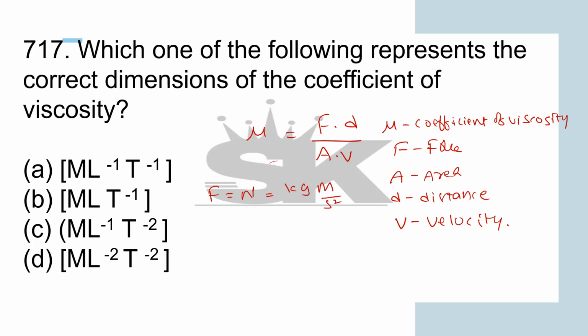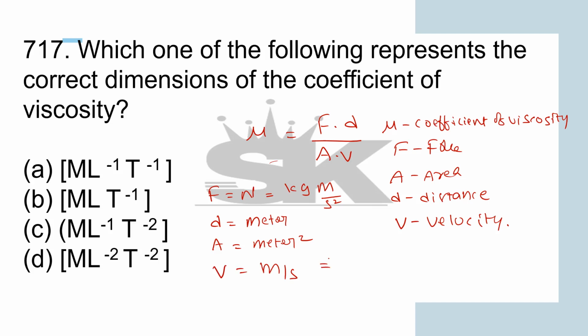And d is distance, that is in L, we can write m in meters. You may get confused, that's why I'm writing fully. And here area is in meter square, that is L square. V is meter per second.